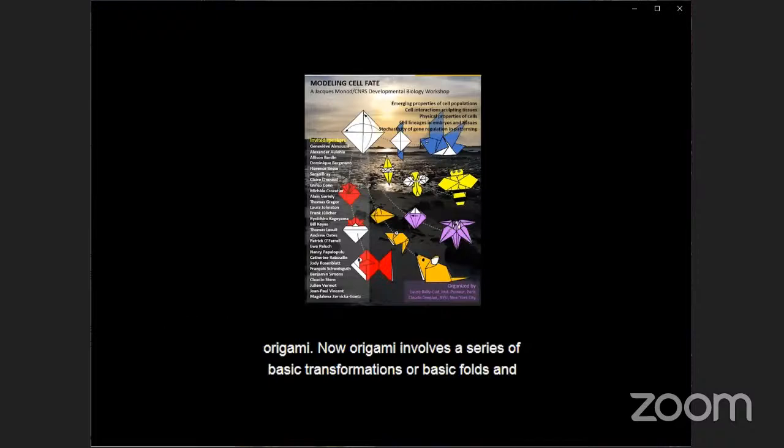Origami involves a series of basic transformations or basic folds, and it's the combination and the way you make these folds that generates all these different forms. But the fundamental principles are actually very simple, just folding a piece of paper. The question is, might there be an equivalent set of rules or principles that underlie all the varied forms that we see in biology?